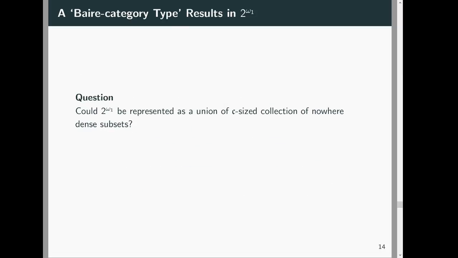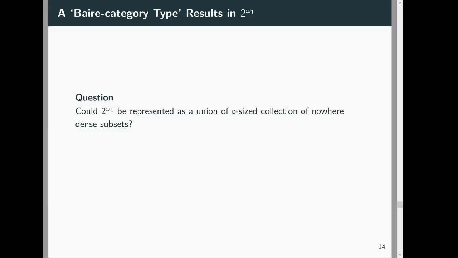It is quite natural to ask this question: can 2^ω1 under the G delta topology, where every open set is a countable intersection of open sets of 2^ω1 in the Tikhonov product, be represented as a countable union?